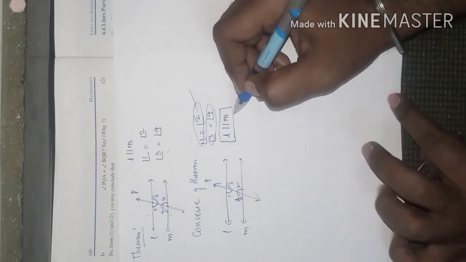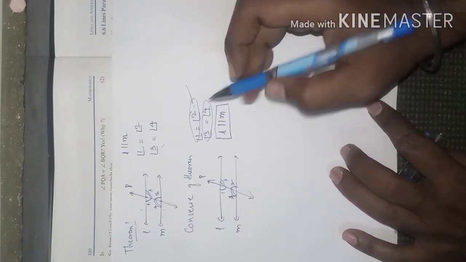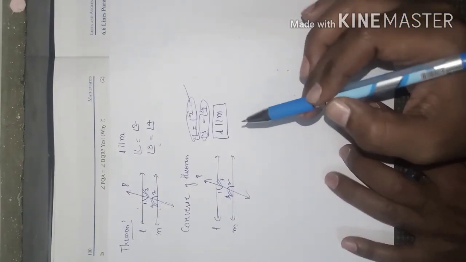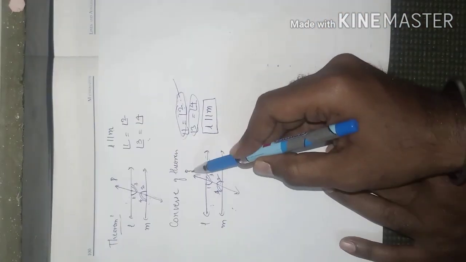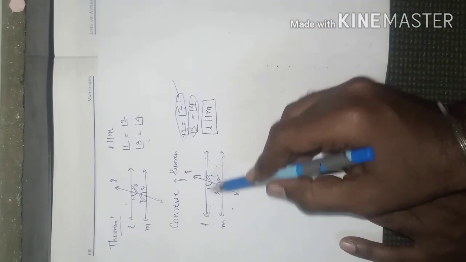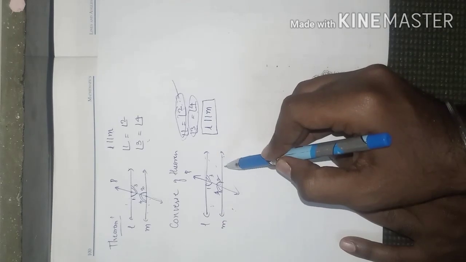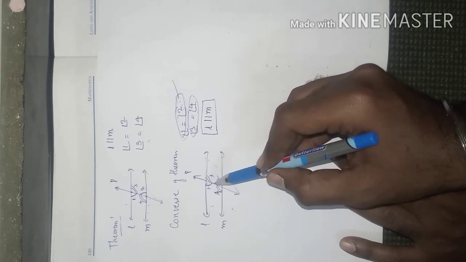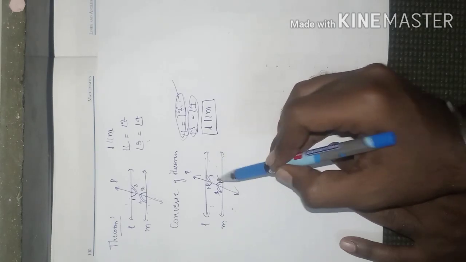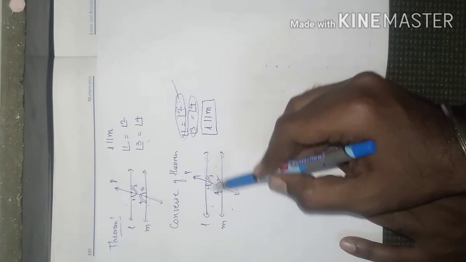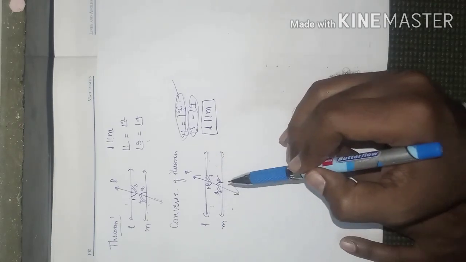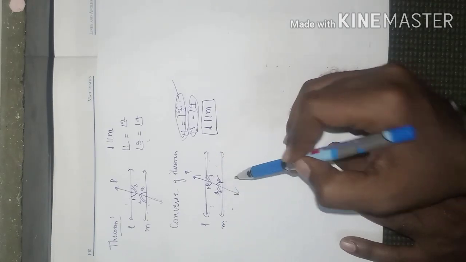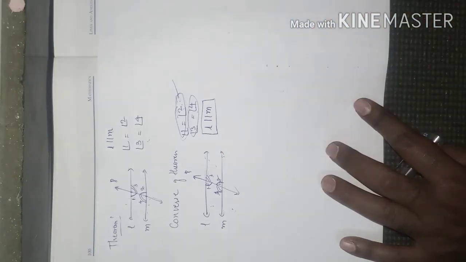One is enough to say that line L is parallel to M. Once again, if a transversal line intersects two lines such that the interior alternate angles are equal, then the lines L and M are parallel to each other. This is the next theorem.